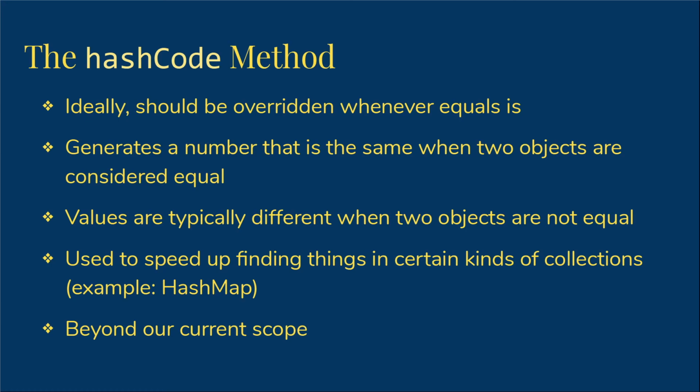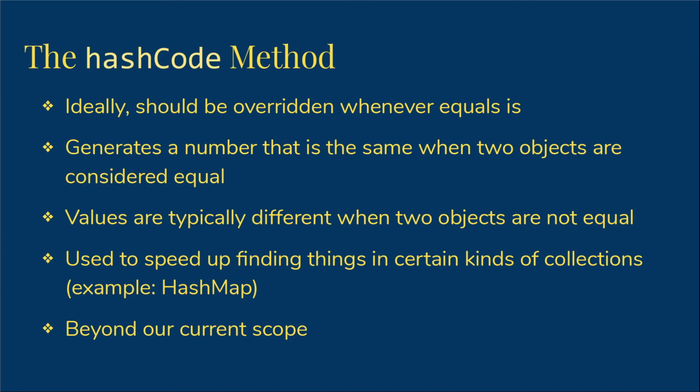Values you typically want to be different when two objects are not equal, though in reality, we're often going to have a little bit of overlap between values so that some objects that are not equal are going to have equal hash codes simply because the amount of data in an int is not as much as the data you may be comparing in a whole object.